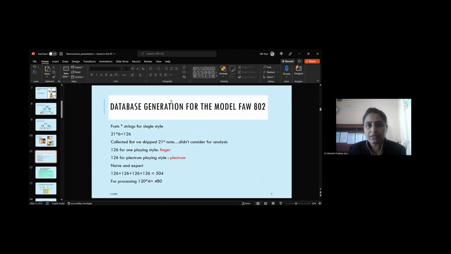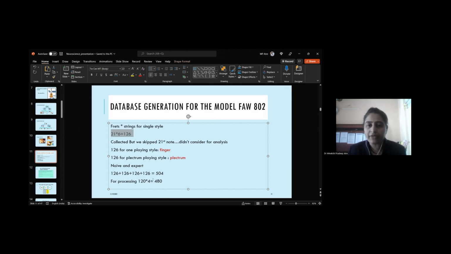The database that we have generated has 21 frets and 6 strings. So 21 into 6 gives us 126 notes, and 126 notes by naive and expert, by finger and plectrum, gives us a total of 504 music notes generated for this research work.